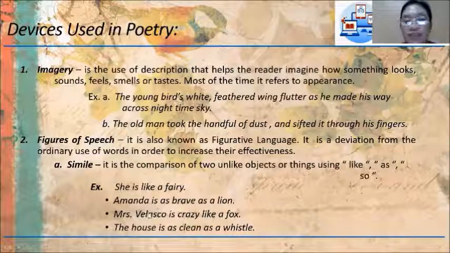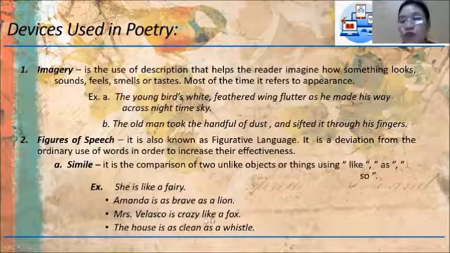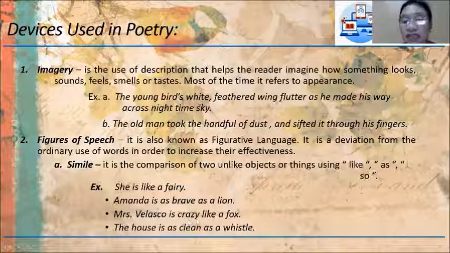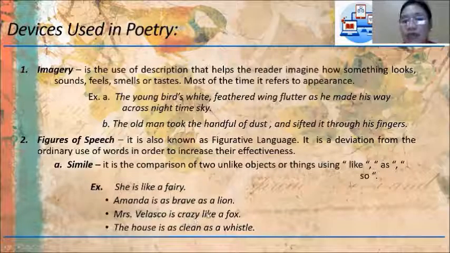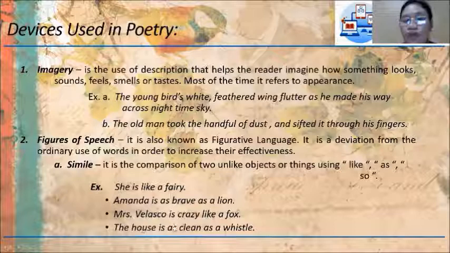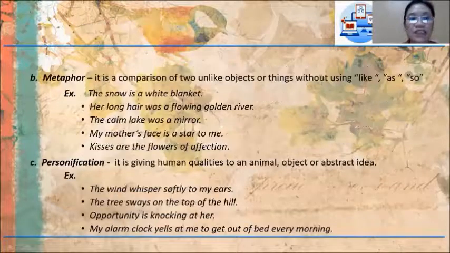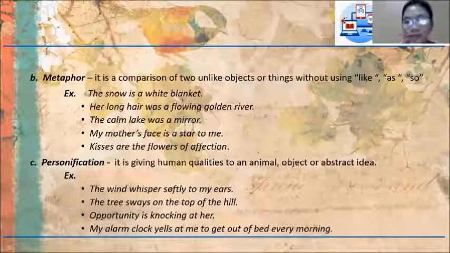Now, Mrs. Velasco is being compared to the fox for her craziness using like. So crazy like a fox is a simile. And so with the house is as clean as a whistle. Another figure of speech is metaphor.